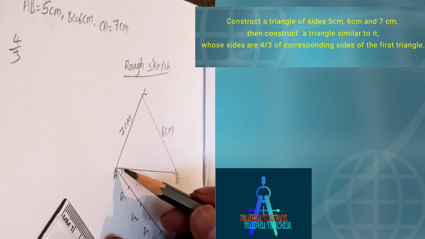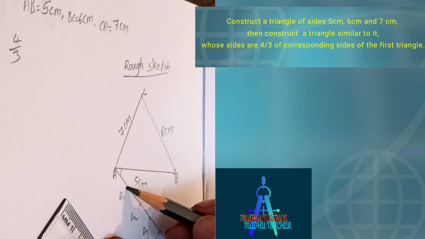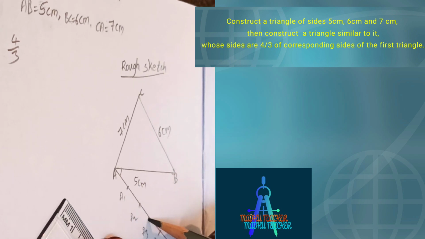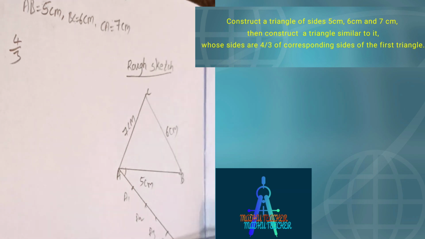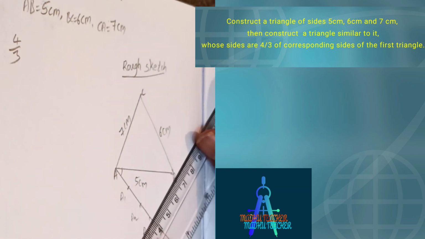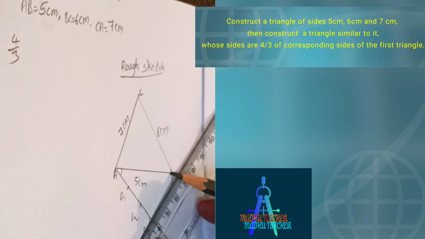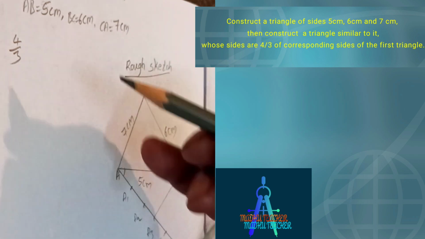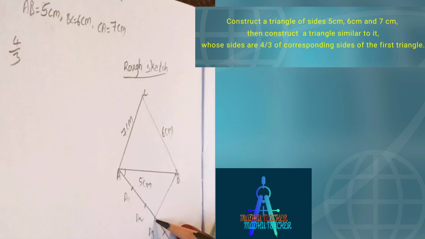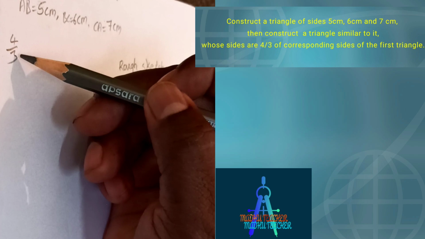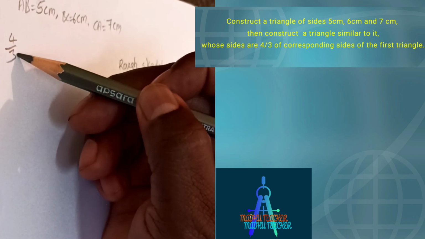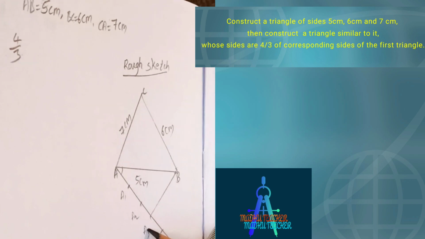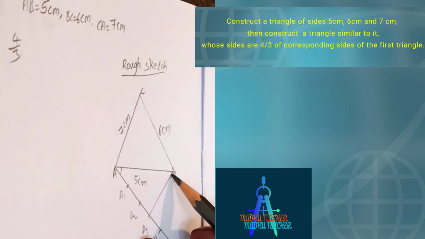These are A1A2 equal to A2A3 equal to A3A4. Now join A3 to B. Here, why are you joining A3 to B? Denominator is 3. That's why you have to join A3 to B.